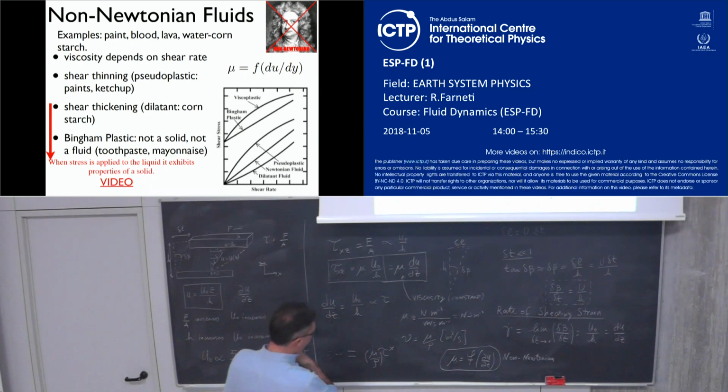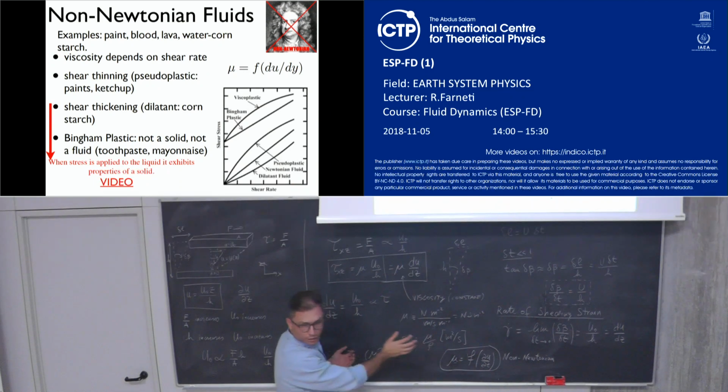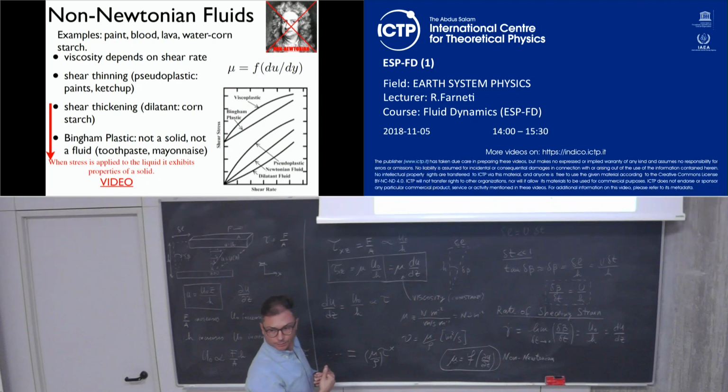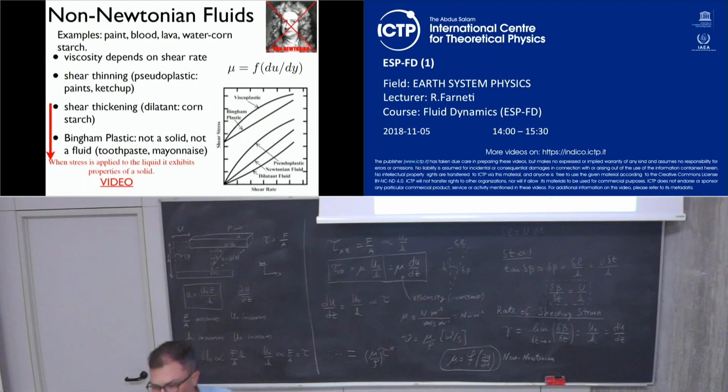So the larger the shear stress, the larger the velocity gradient that you provide to the paint, and viscosity is actually decreasing. It's a shear thinning. So the more velocity gradient, the less viscosity, the easier it is to paint the wall. So paint is a non-Newtonian fluid that is shear thinning.